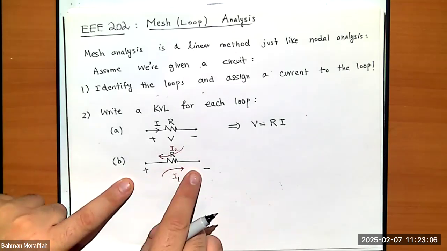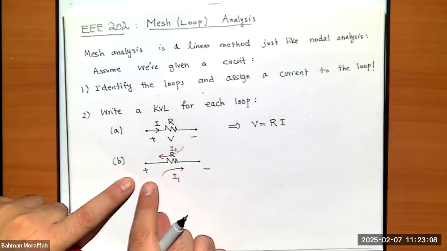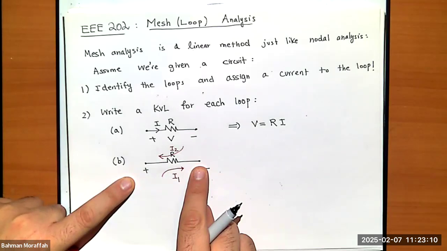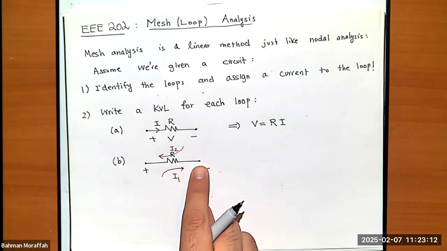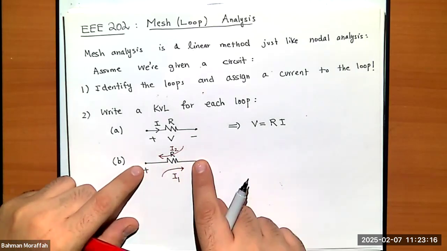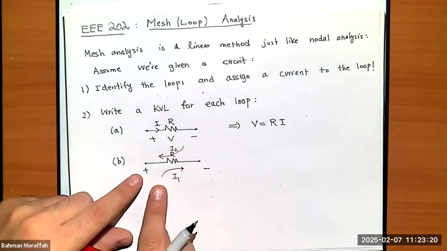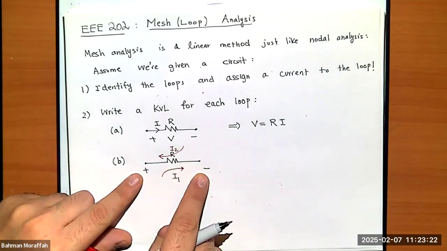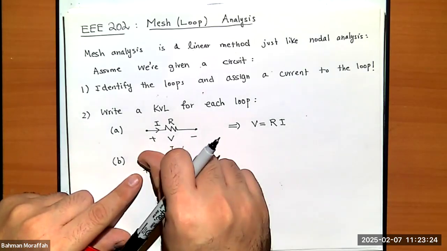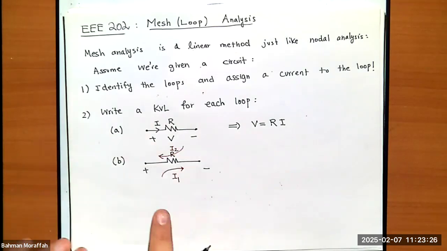If I go from here to here, what is the voltage across R? Well, obviously, I still have Ohm's law, so it's R times whatever current is going through this. But what is the current that's going through? Well, I1 is going this direction. I2 is going the opposite direction. So what is the total current going through this?